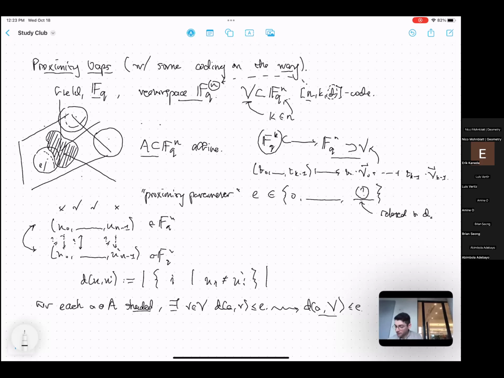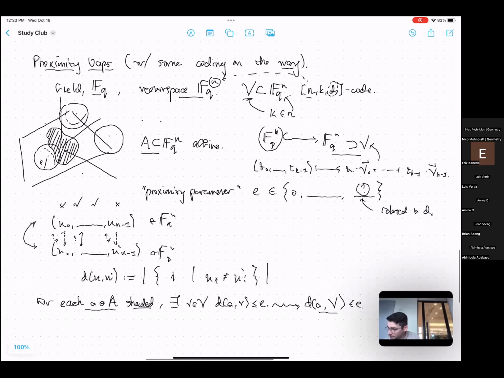Okay, right? So again, for each point in A, it either is or is not close to some code word, some element of the code. Is that fair?